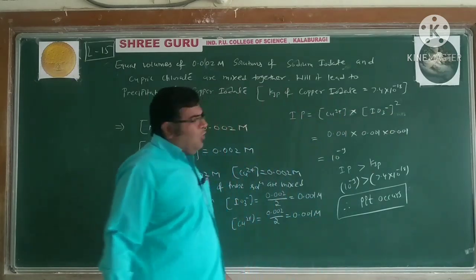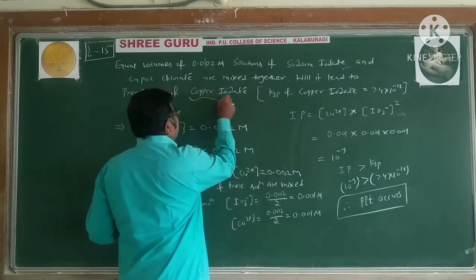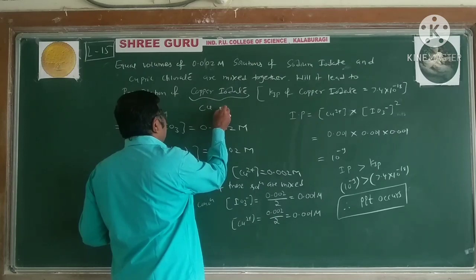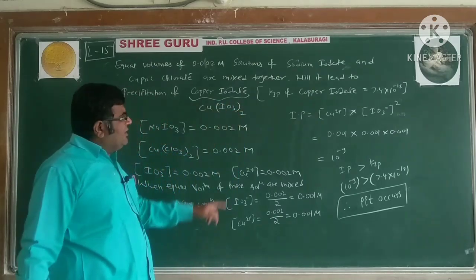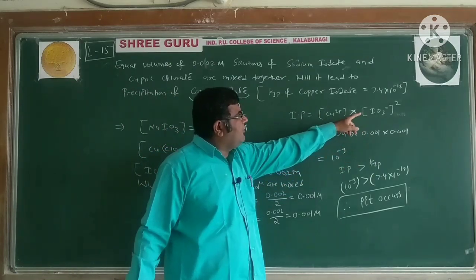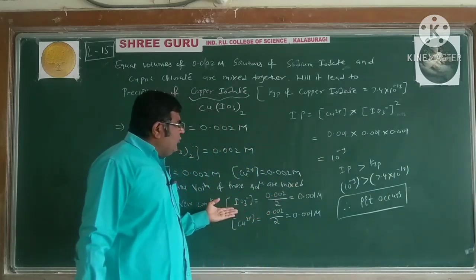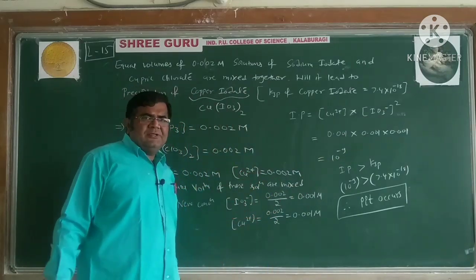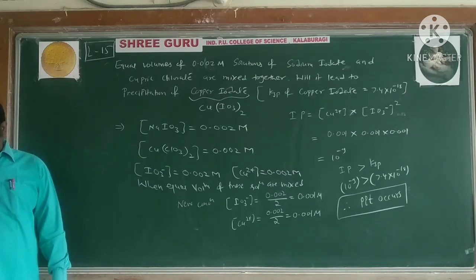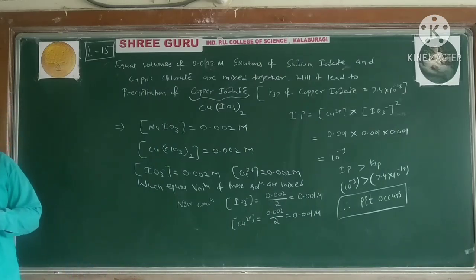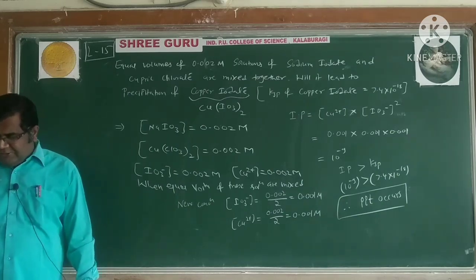So the formula of copper iodate is Cu(IO3)2. That's why we made square of it. And Cu plus 2 concentration we know. Iodate also we know. Square of that. And we calculated concentration and we compared it. And then we concluded whether precipitation will occur or precipitation will not occur.